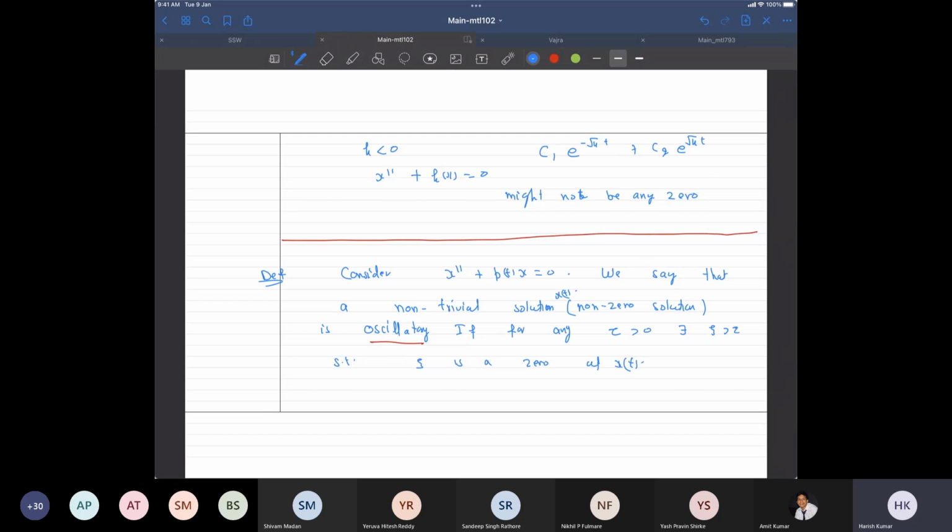So let me explain why we call it oscillatory, and then it will be clear to you. Assume you have a function x(t) and it has a zero at t0.